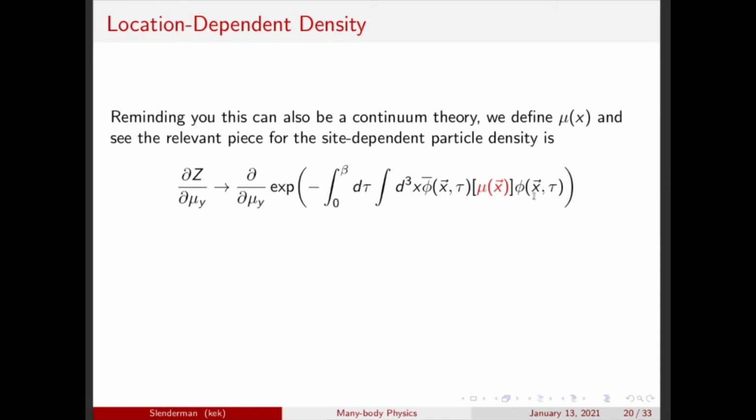Yeah, because the thing inside the bracket is a function of mu, and you want the functional derivative at some site y. Yep. So this ends up being a functional derivative. I'm not quite using the usual functional derivative notation. But you're right. This is now a functional derivative of mu at location y.